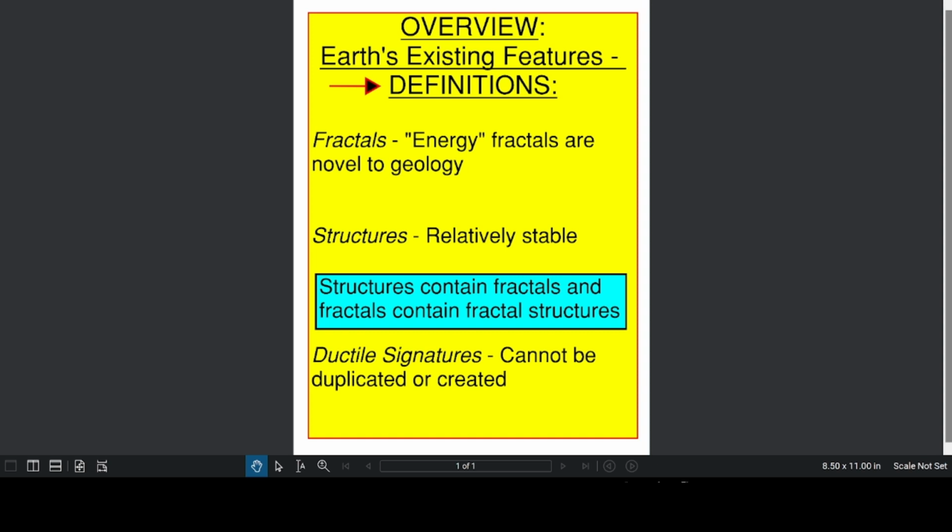All right. So a structure is something that's relatively stable and formed by deformational forces, often tectonic. An example of a structure in general, and it happens on many levels, not just geology, is the human body. It is somewhat resistant to additional forces.